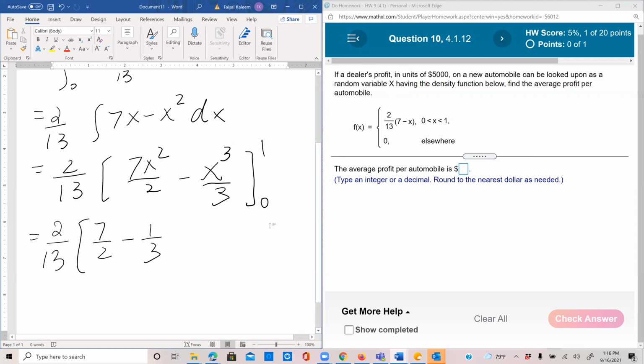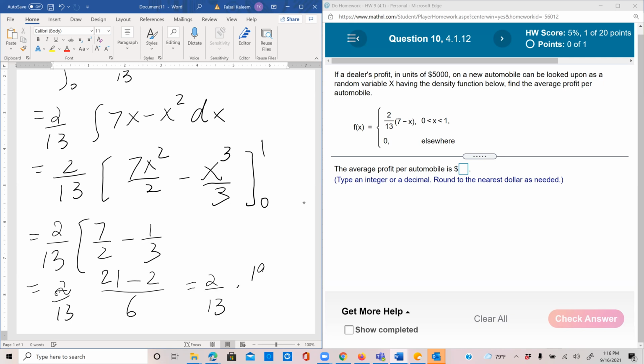When you put the upper limit and the lower limit, the lower limit will make both of them 0. So this is 2 over 13 times 21 minus 2 over 6, which is 2 over 13 times 19 by 6. So it'd be 19 over 39.